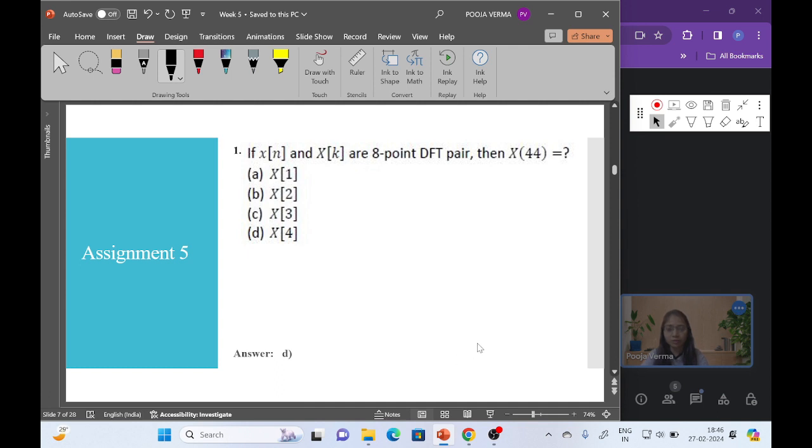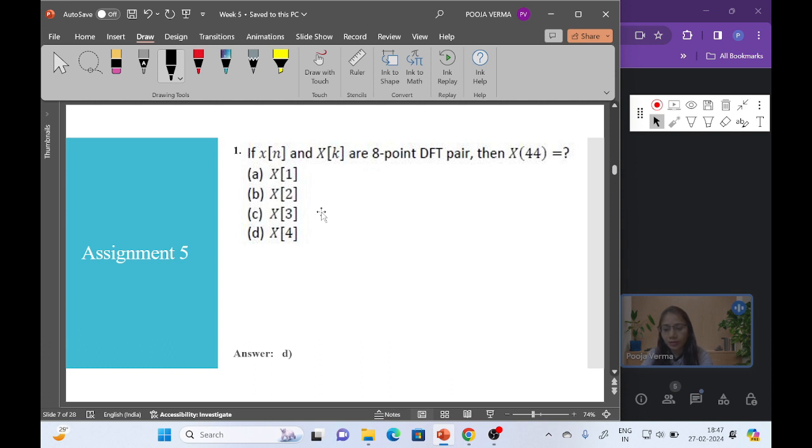So now let's move to the questions for this week. This is assignment 5. The first question is: if x of n and X of k are an 8-point DFT pair, then what will be X of 44? How will we proceed for this question?